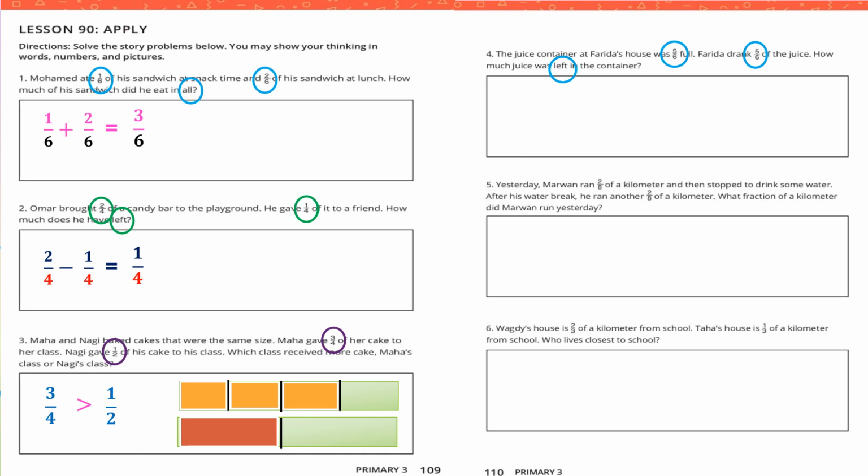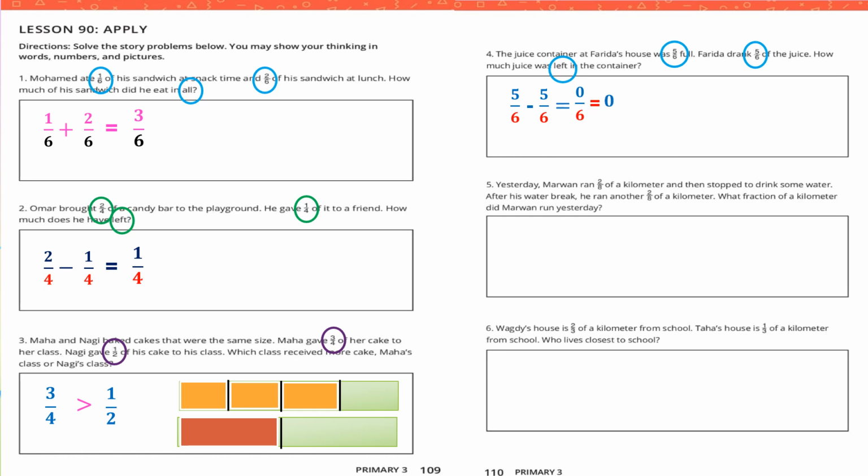Here I have 5 over 6 and 5 over 6, which is the same. So 5 over 6 minus 5 over 6. Remember, put the denominator as it is, and 5 minus 5 up equals 0. 0 over 6 equals 0.